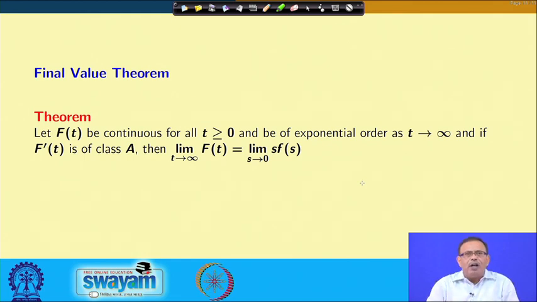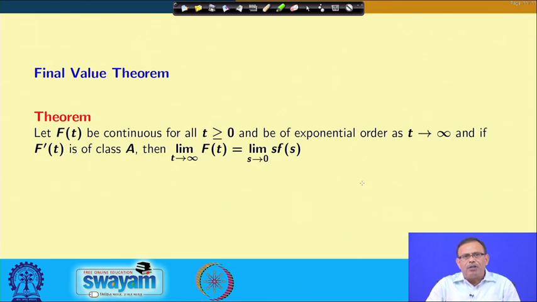Now, the final value theorem, this is just the opposite one. In the earlier case, you have seen t is approaching 0, s is approaching infinity. Here opposite thing comes. So, again let f t be a continuous function for all t greater than 0 and be of exponential order as t approaches infinity.